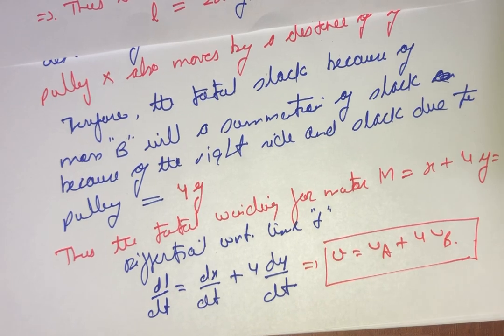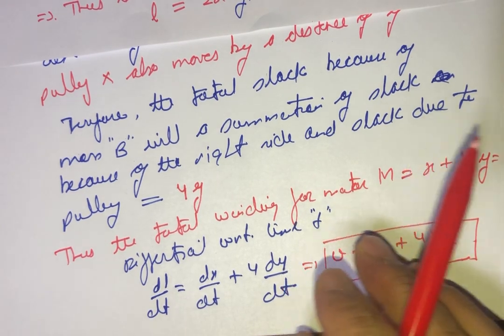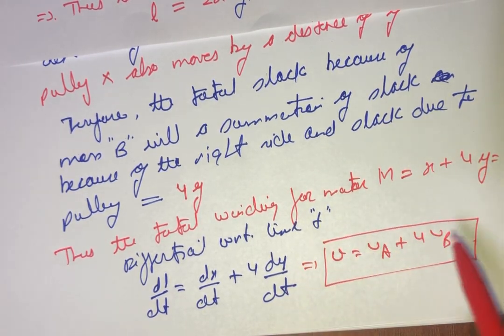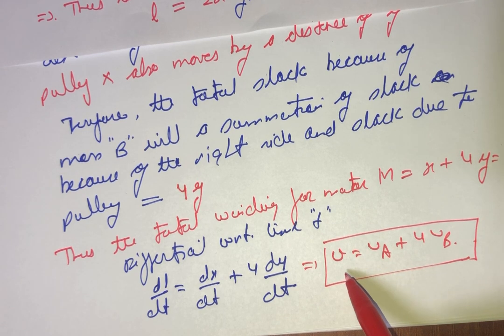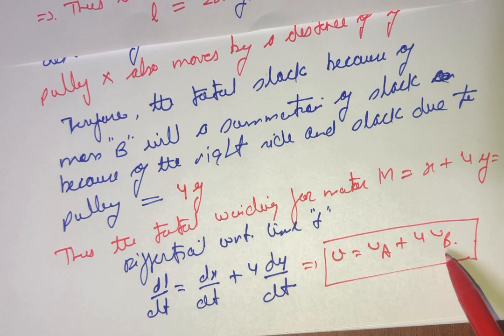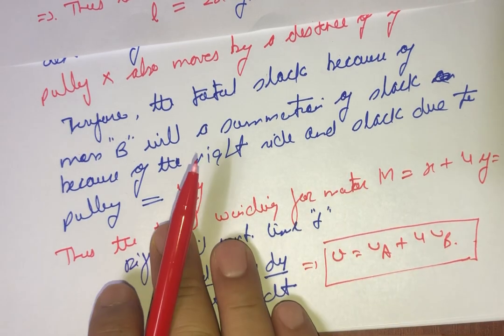In this way we can find the relationship between the winding velocity, the velocity of mass A and the velocity of mass B in figure B as well.